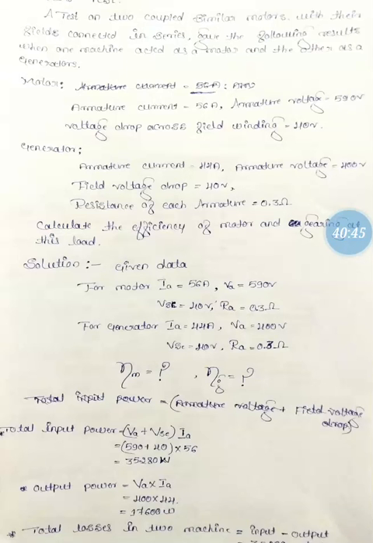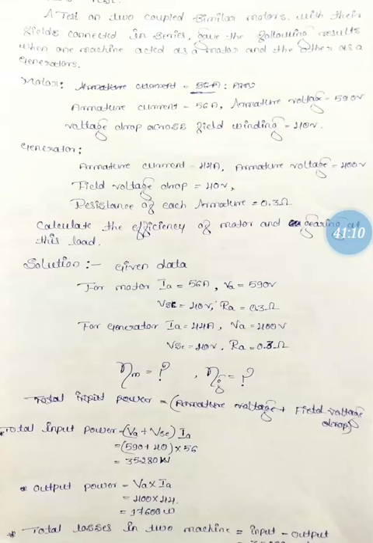So the DC series generator is coupled with the DC series motor. The DC series generator has the separately excited series generator.